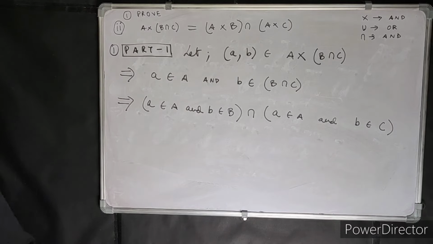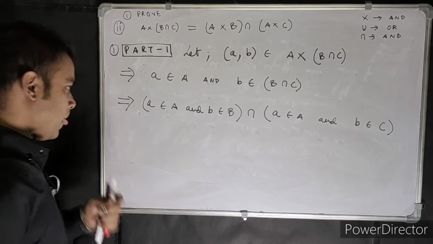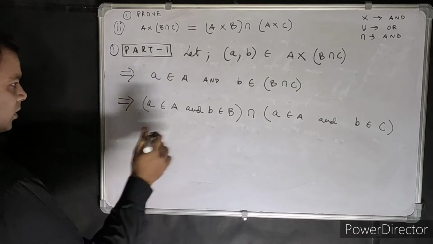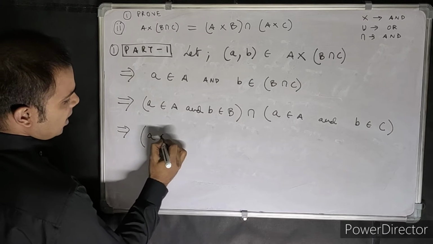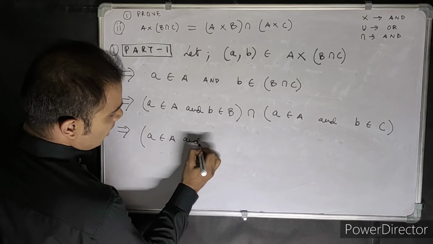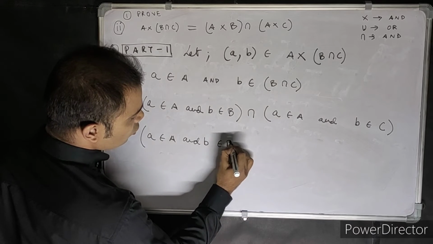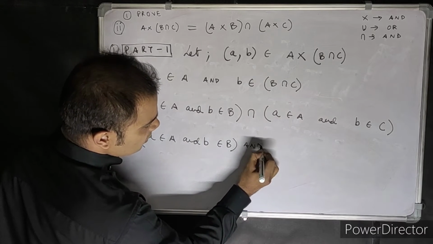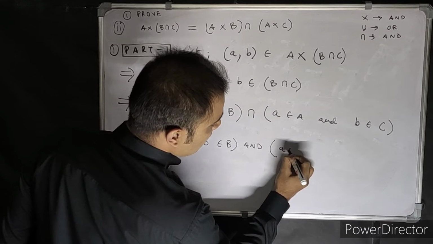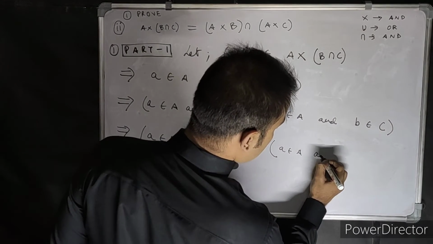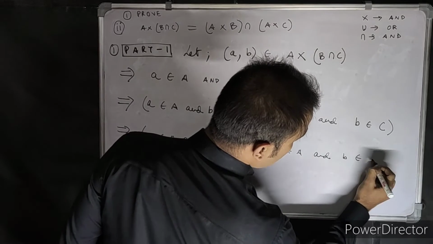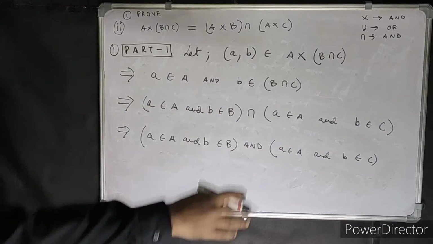Now from here what do we do? From here it's very simple. You can split this and write it as A belongs to A and B belongs to B, and write this and A belongs to A, and B belongs to C. So that's how it's split up.